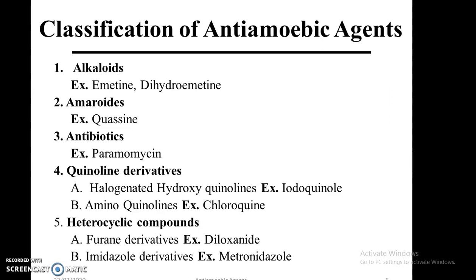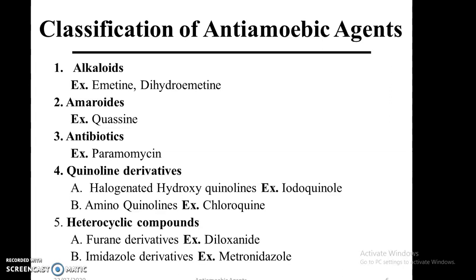Fourth class is quinoline derivatives. Quinoline derivatives are further subcategorized as halogenated hydroxyquinolines and aminoquinolines. Example of halogenated hydroxyquinolines is iodoquinol and example of aminoquinoline is chloroquine.